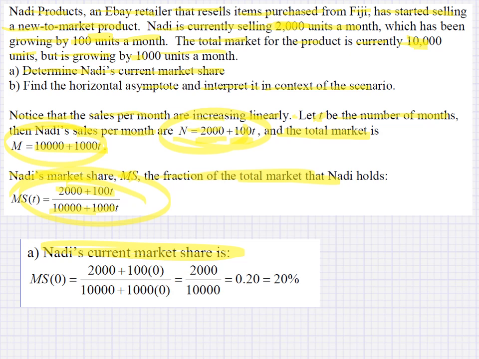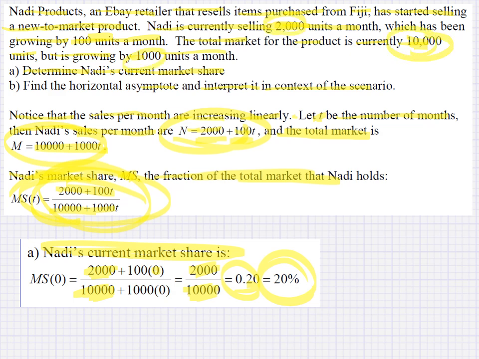So she's at 2,000. The current market is at 10,000. So she's at 2,000 over 10,000, or put 0 into this function, and you get 0.2, or 20%. She's virtually working at 20% of the market right now, which is pretty easily understood. If she's at 2,000, the market's at 10,000.